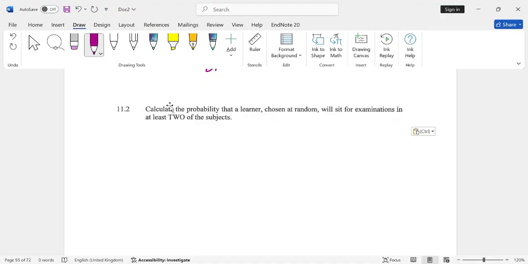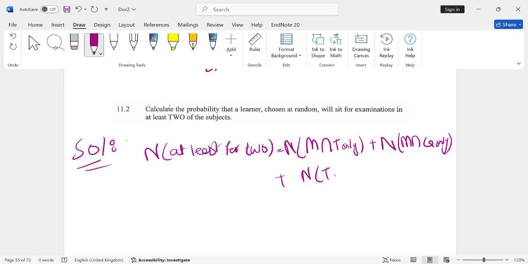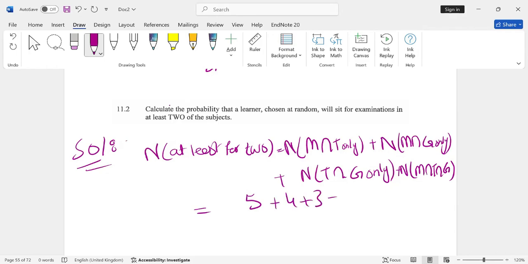So n at least two, we say that n of M intersection T only, plus n of M intersection G only, plus n of T intersection G only, plus n of M intersection T intersection G. So this is equals to 5 plus 4 plus 3 plus 2 equals to 14.